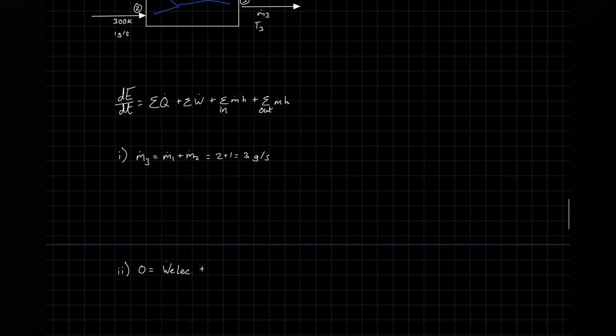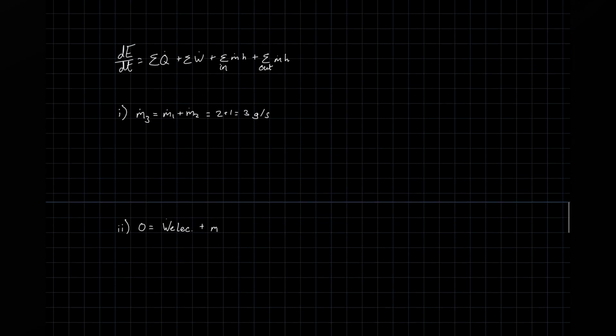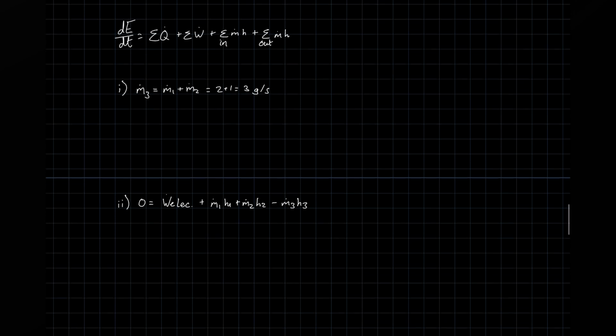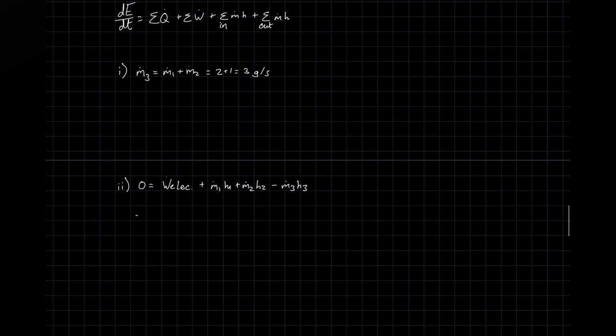And our mass flows coming in, we have M dot 1 H1 plus M dot 2 H2 minus M dot 3 H3. So if we rearrange this a little bit, we get that minus W elec is equal to M dot 1 H1 plus M dot 2 H2 minus M dot 3 H3.